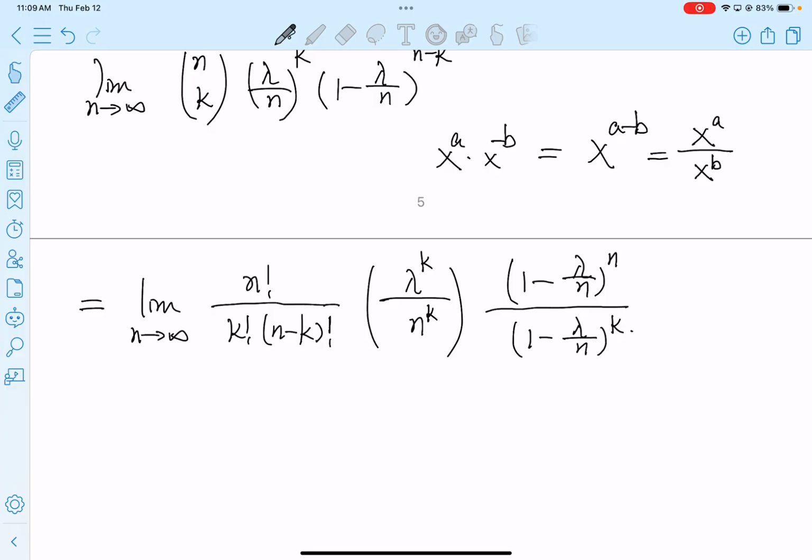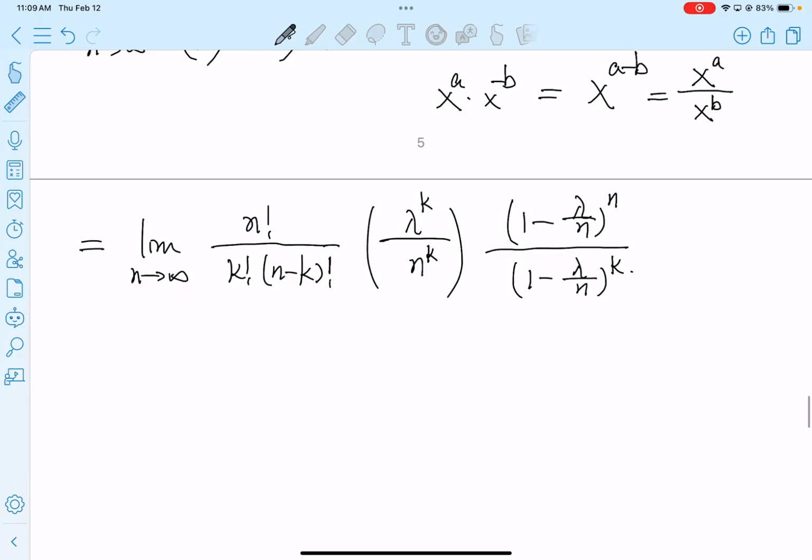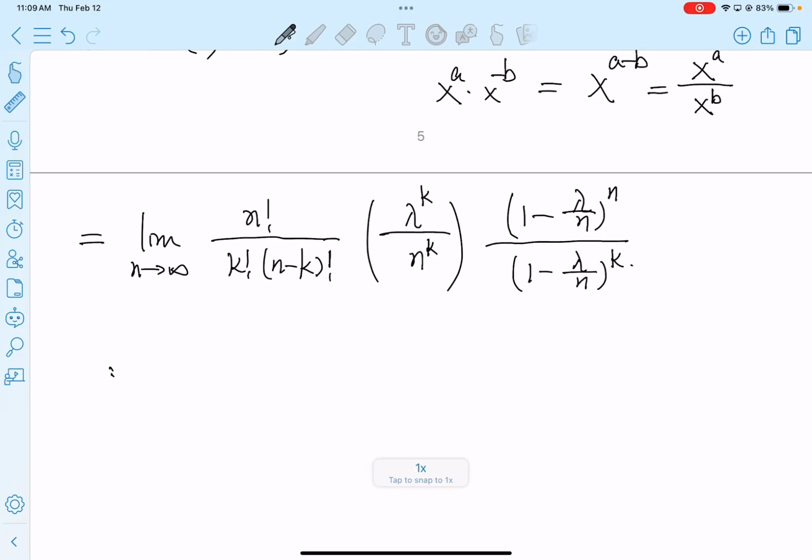Now we need to use another equality. Note that the limit as n goes to infinity of 1 minus lambda over n raised to the power of n is equal to the exponential raised to the power of negative lambda.